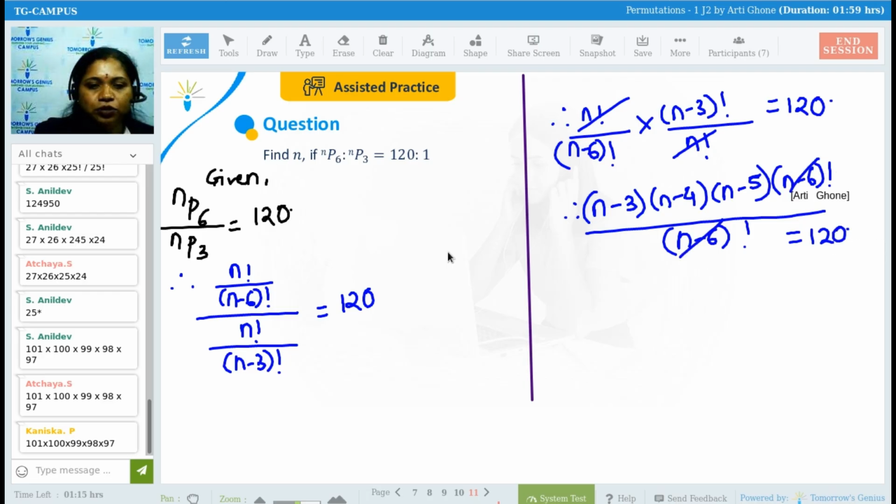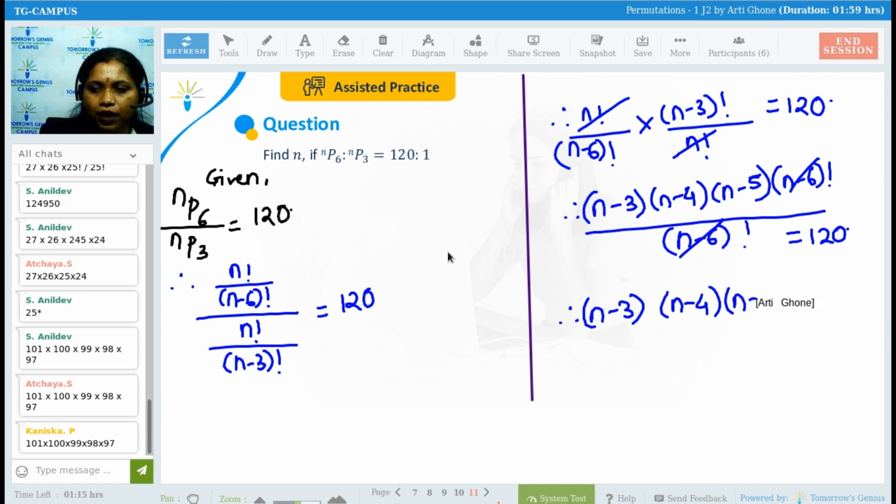Now, we need to resolve 120 into 3 consecutive terms. So, n minus 3 into n minus 4 into n minus 5. 12 into 10, that we know.